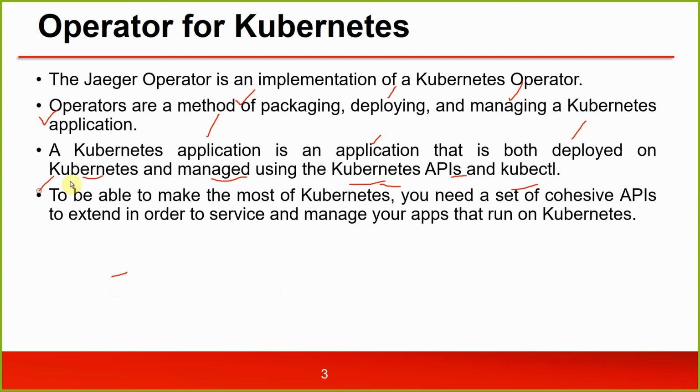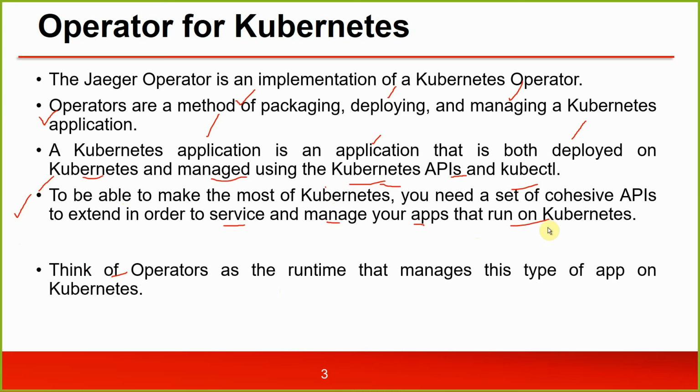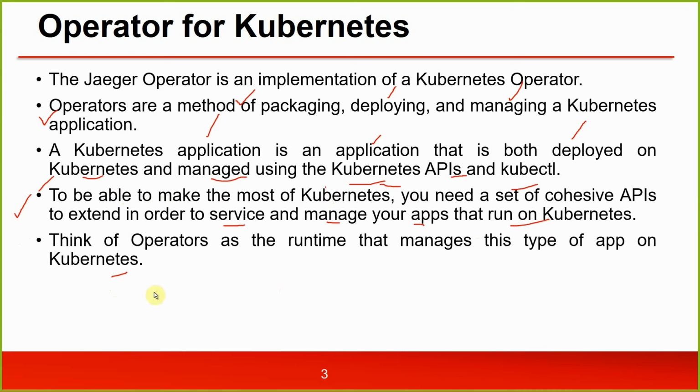To be able to make the most of Kubernetes, you need a set of cohesive APIs in order to service and manage your apps that run on Kubernetes. Think of an operator as a runtime that manages this type of app on Kubernetes.